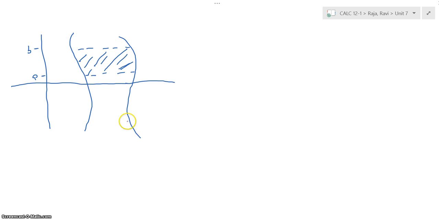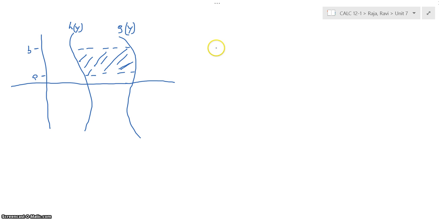We'll classify this one as our h of y, realize instead of x, because it's in terms of y, and this one as our g of y. The formula is the exact same.